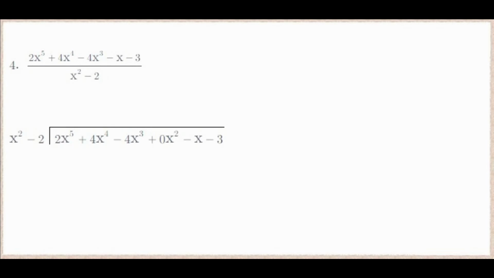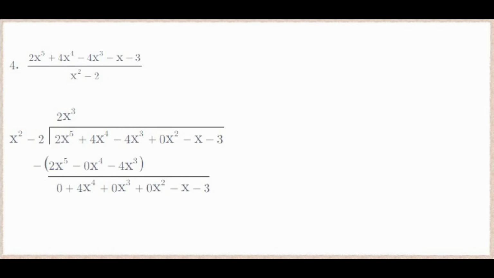In this example, we write it out again. Then we look at what do we need to multiply x squared by to get 2x to the fifth. That would be 2x to the third. So then we have 2x to the fifth, and in this fourth power spot, we're going to put a 0x to the fourth, and then minus 4x to the third.